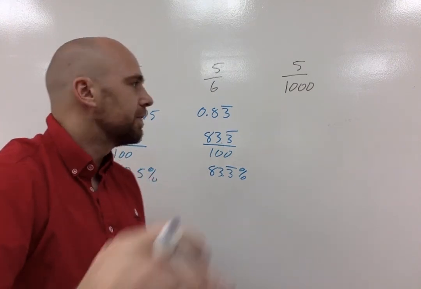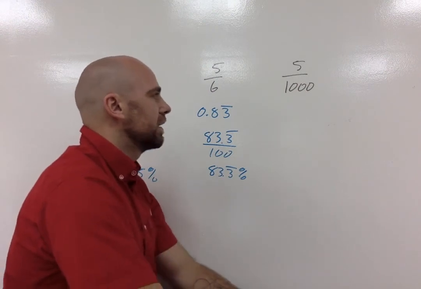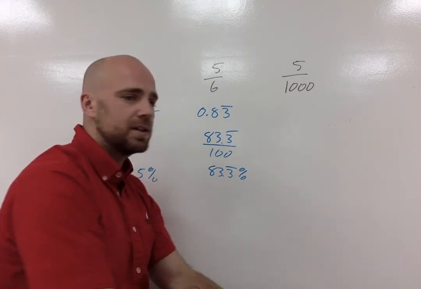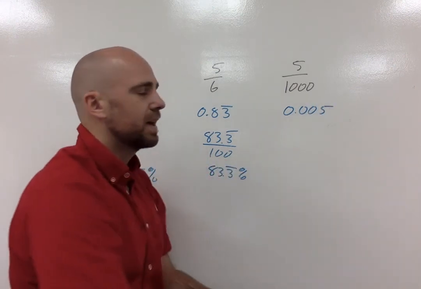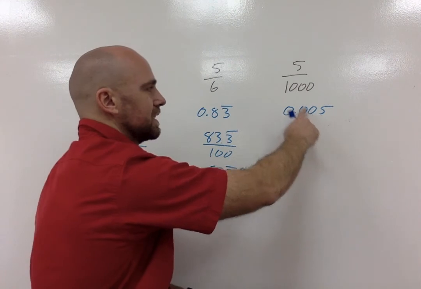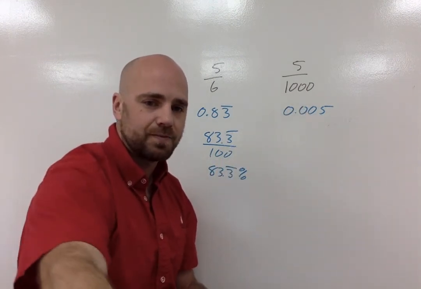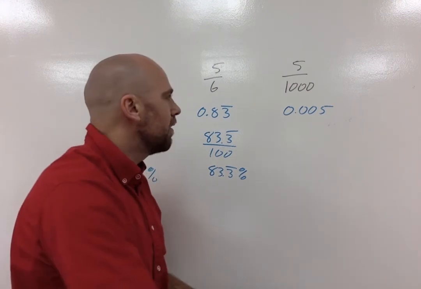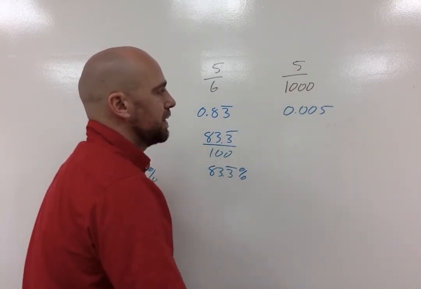Okay, for the next one, here we go. If I do the calculations, I'm going to get 0.005. Okay, 5 thousandths, so my 5 is in the thousandths place value. Okay? Now, if I want to have it over 100, if I look at this fraction, I'd move my decimal place over 1.